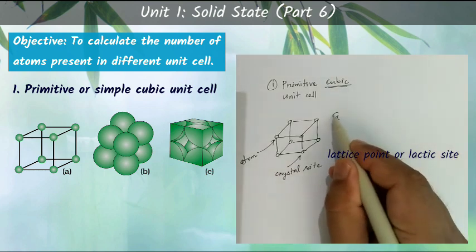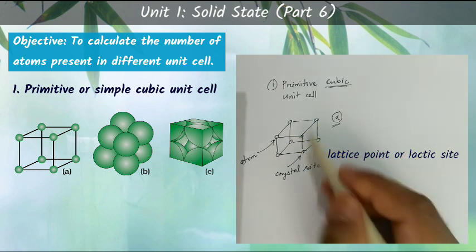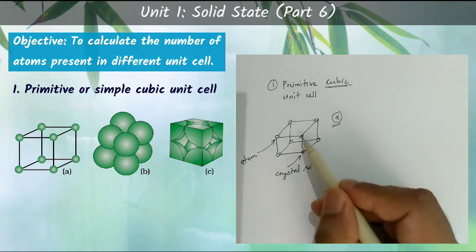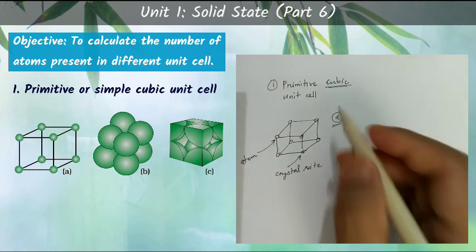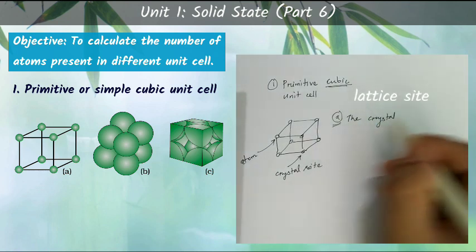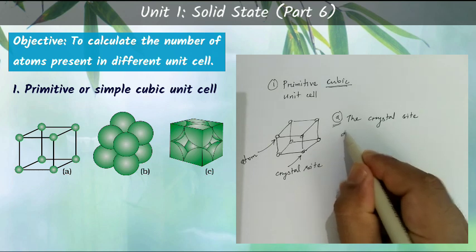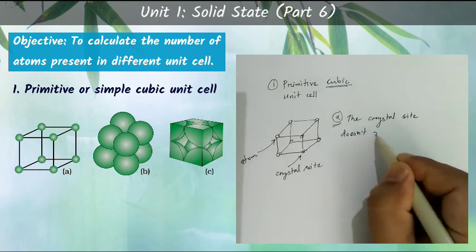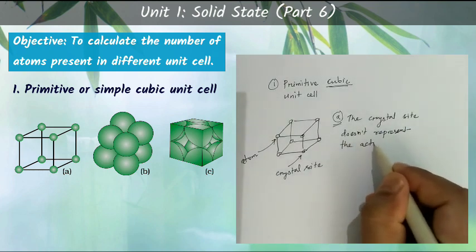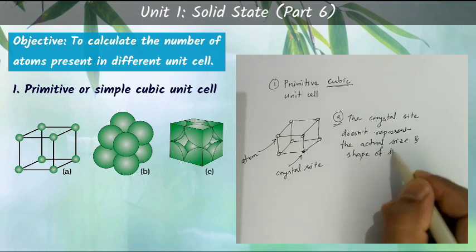Here you have to remember some points. The first point is that the crystal site, or you can say the crystal point, does not represent the actual size and shape of the constituent particle.